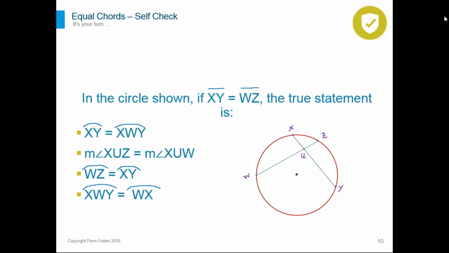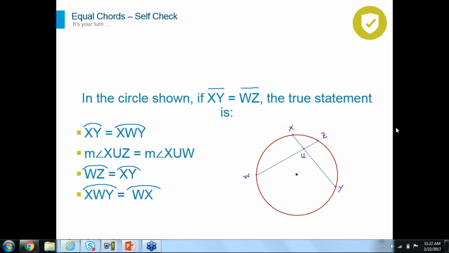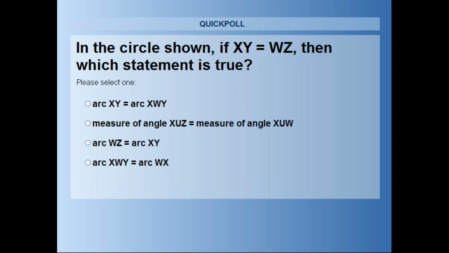Okay, let me then put the question up so you'll be able to choose the answer. Here you go. Which one is true? The two chords are equal in length. They intersect. So what is true?